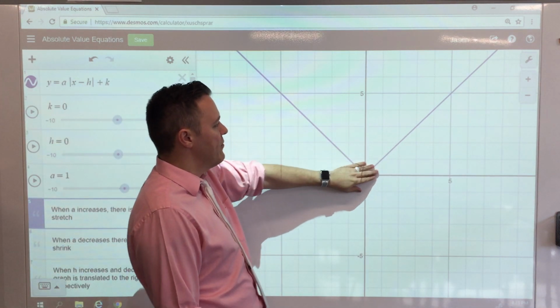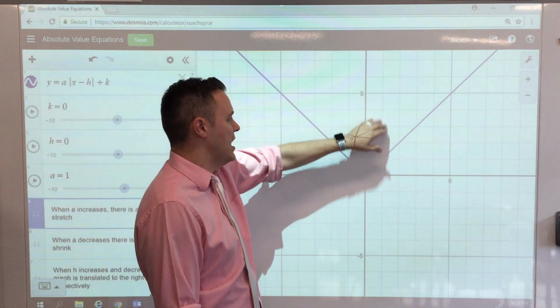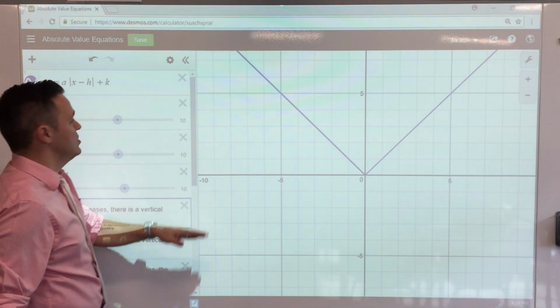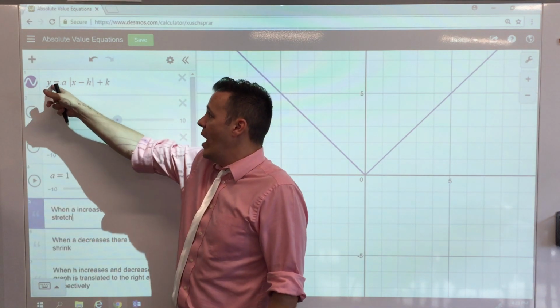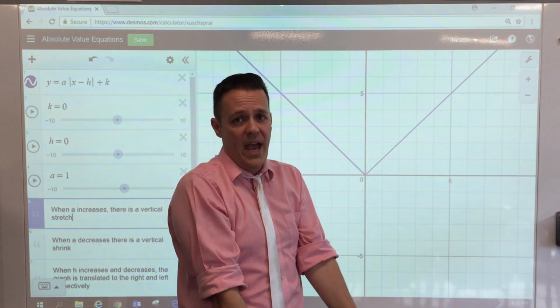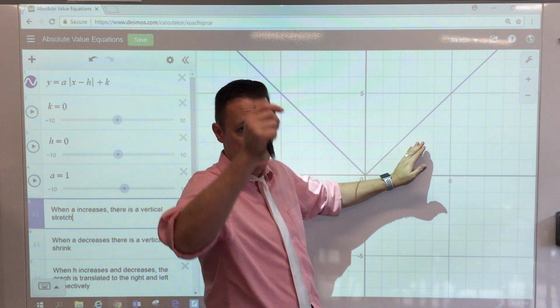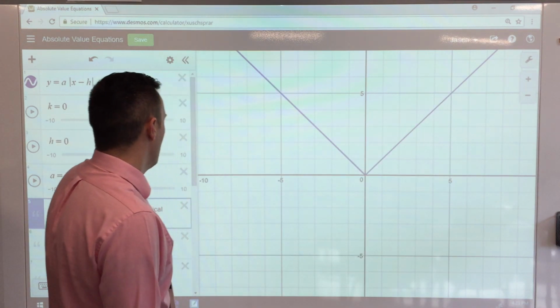When you graph that in Desmos, it just comes up as your parent function because I have a 0 value for h and k, and my a, which is my front value, is just 1. So this is basically saying y equals f of x, or y equals the absolute value of x. It comes down and bounces off the ground just like a bouncy ball. If I threw it at the ground, it would hit the ground and go back up at the same rate.